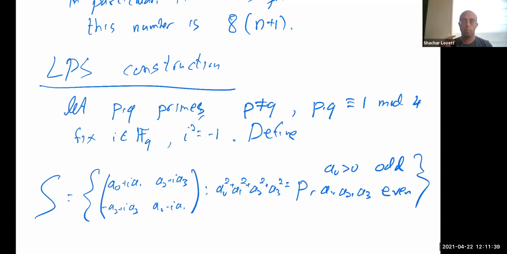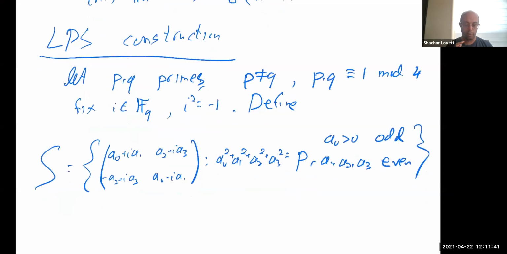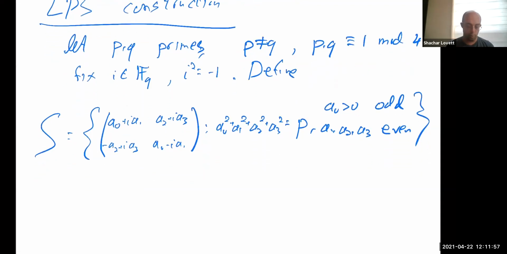So again, first of all, notice these numbers are not modulo q or modulo anything, they're just integers. But the matrices we use to define elements in the field F_q. So first of all, here are the facts. The size of S is going to be exactly p plus 1.